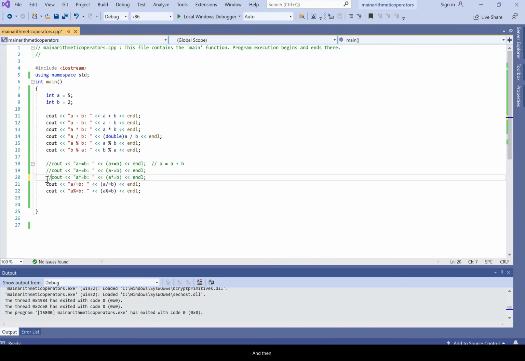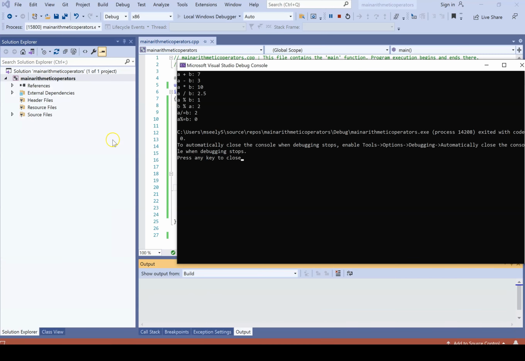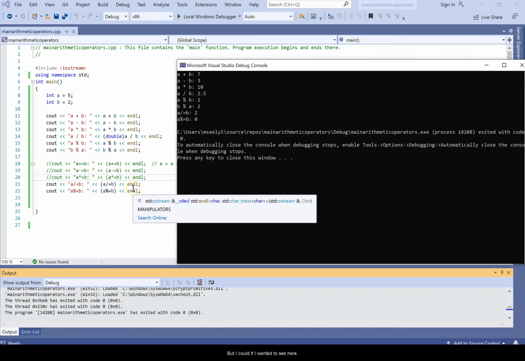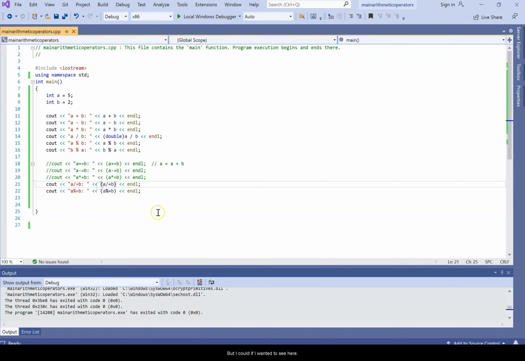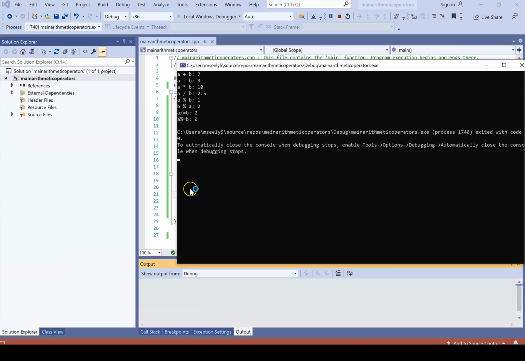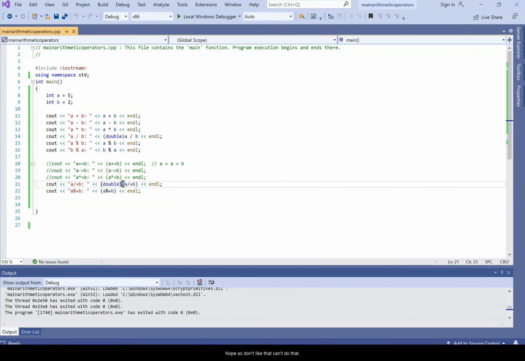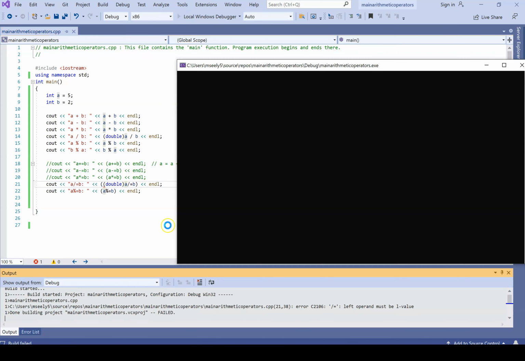And then I should get 2 right here for this one because I haven't cast it as a double. But I could if I wanted to. Let's see if that fixes it. Should change it to a 2.5. Nope, still doesn't like that. I'd probably have to see if it allows me for that.